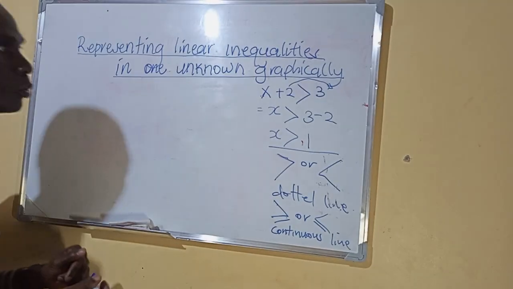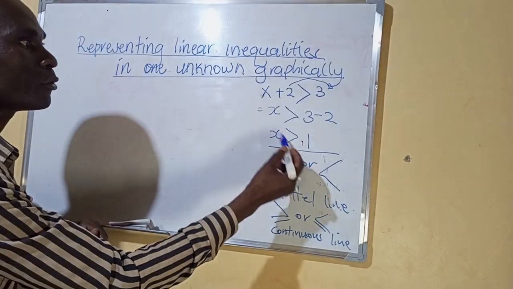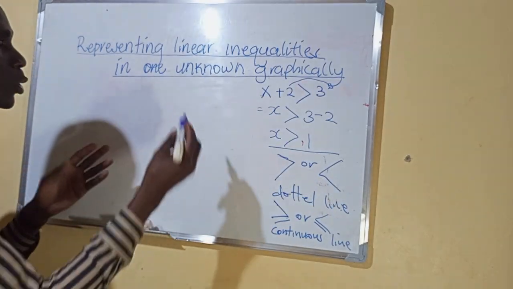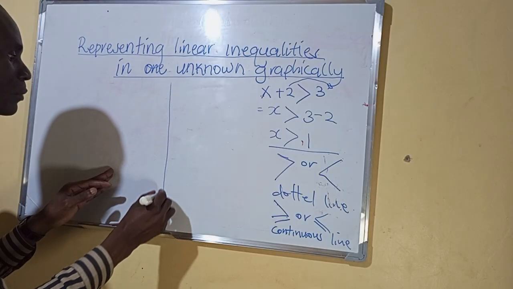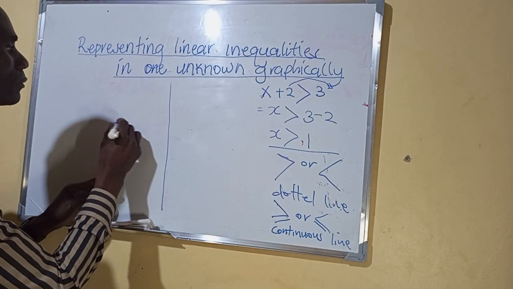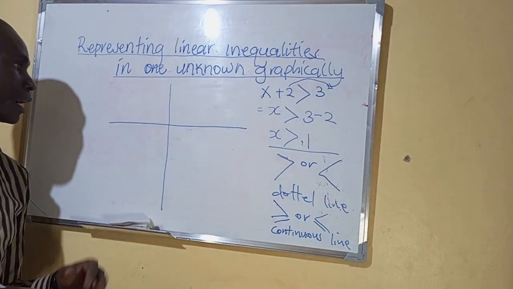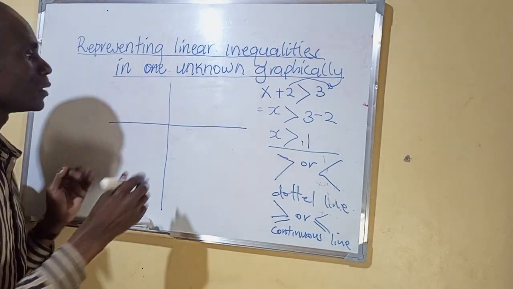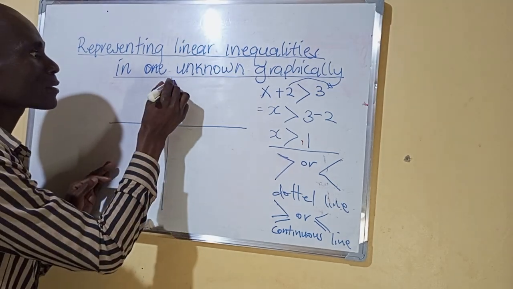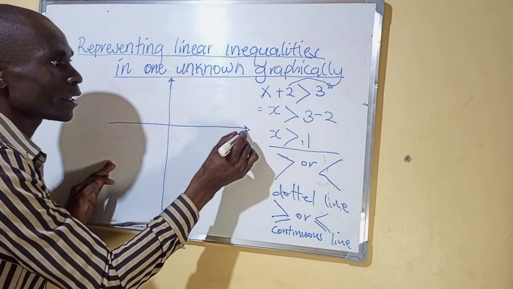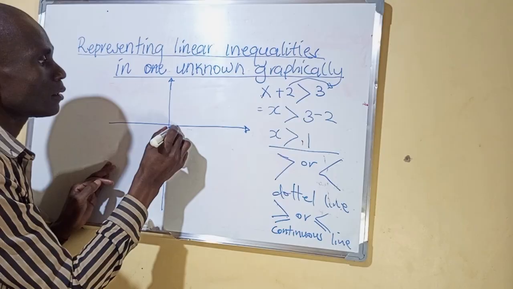So let's see what we can do. We have this one, and therefore we want to graph it. So this is our Cartesian plane. Let's have our Cartesian plane. That is our Cartesian plane, and we want to graph this. So our y-axis, this is our x-axis. Let's say this is 0.